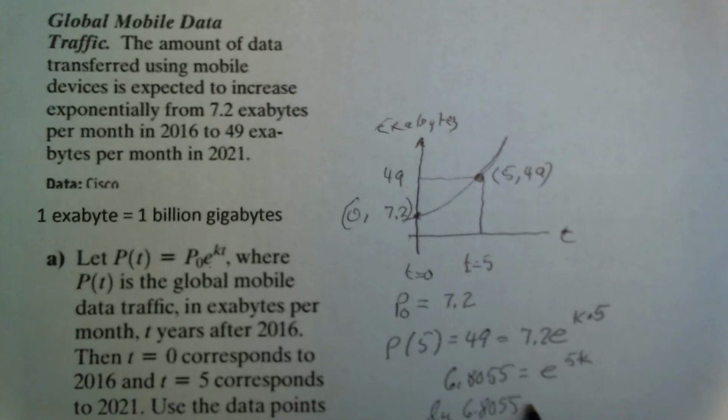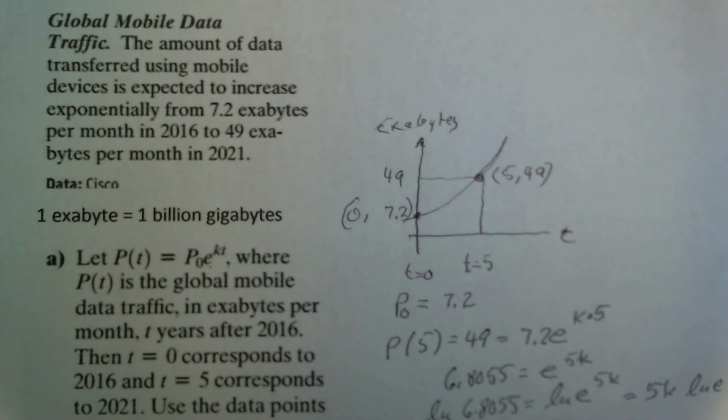The natural log of 6.8055 equals the natural log of e to the 5k, which is equal to 5k times the natural log of e, and the natural log of e, of course, equals 1. So in other words, we have the equation ln of 6.8055 is equal to 5k.